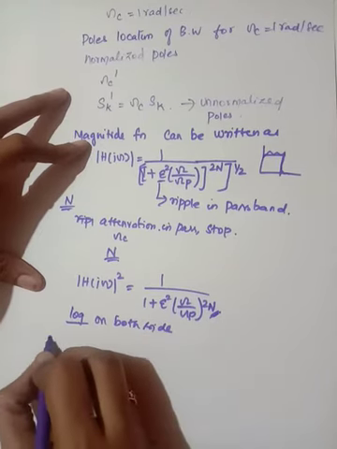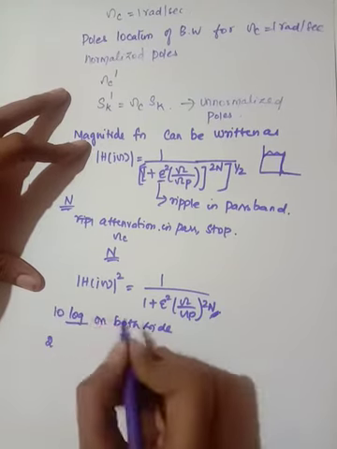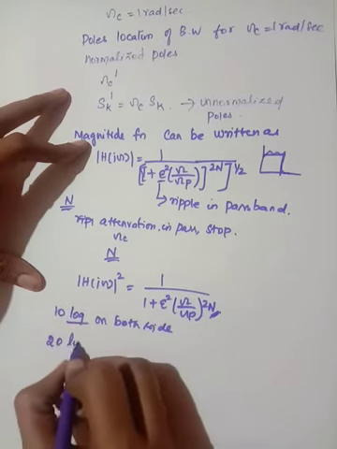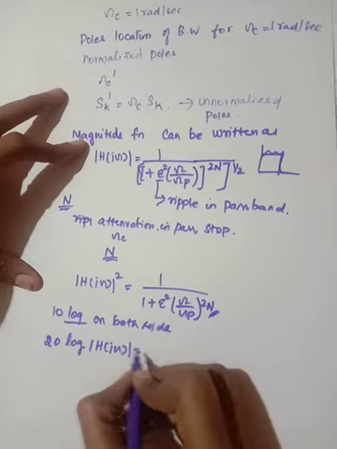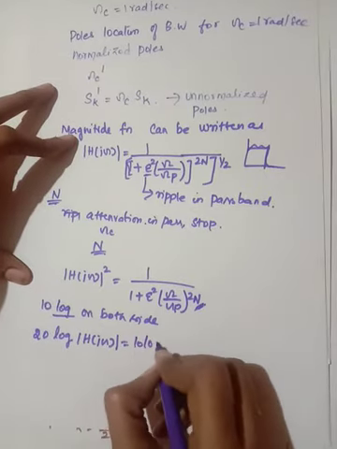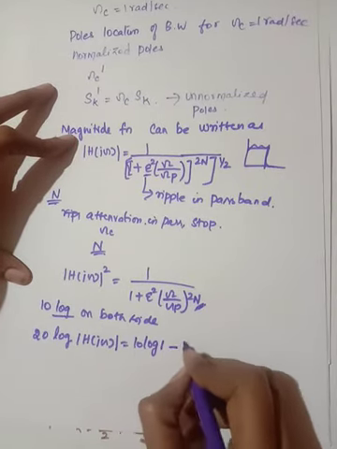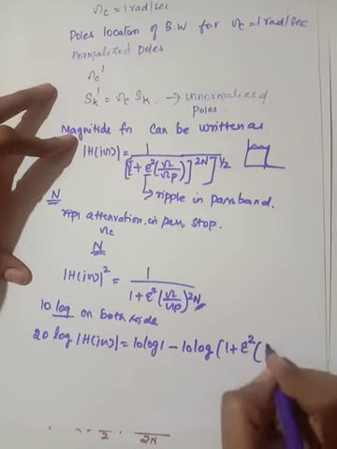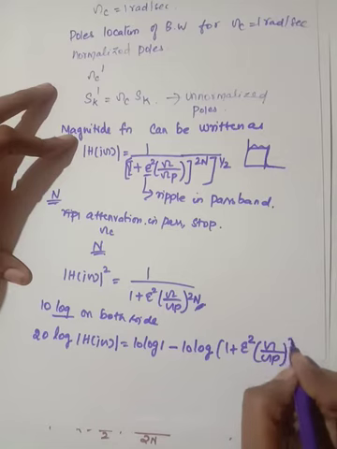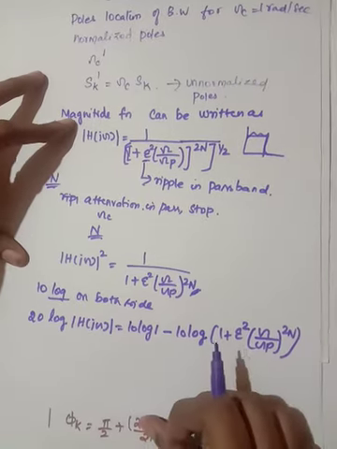So this can be written as 10 log on both sides. Now it becomes 20 log magnitude of H(j omega) equal to 10 log of 1 in the numerator minus 10 log of 1 plus epsilon square (omega by omega p) the whole power 2n. So this is what we will get.